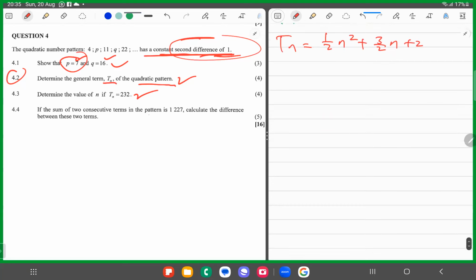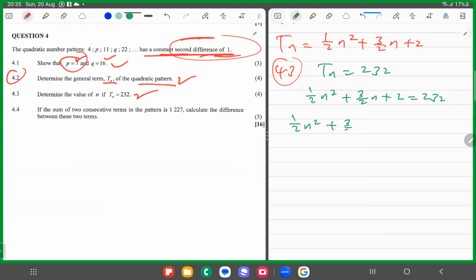So we continue to look at 4.3. We have that Tn is 232, which means half n squared plus 3/2n plus 2 equals 232, which means you have half n squared plus 3/2n minus 230 equals 0. You multiply it through by 2, which means n squared plus 3n minus 460 equals 0.